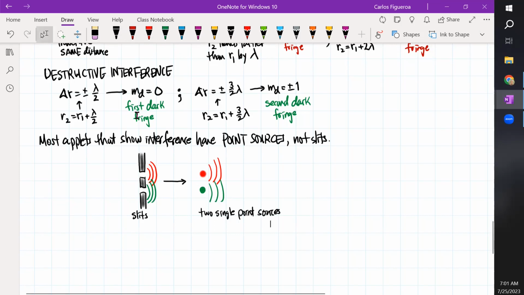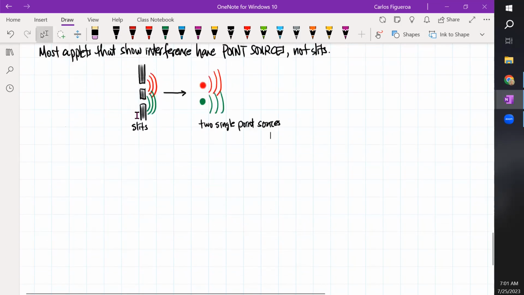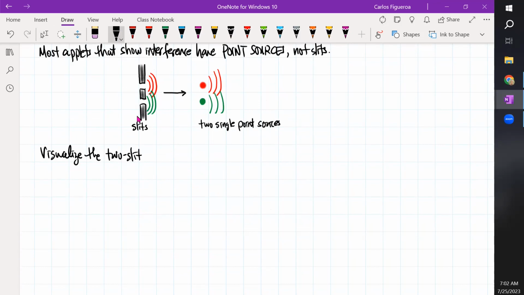So what I'm going to do here is visualize the 2 slit pattern by utilizing one particular applet.